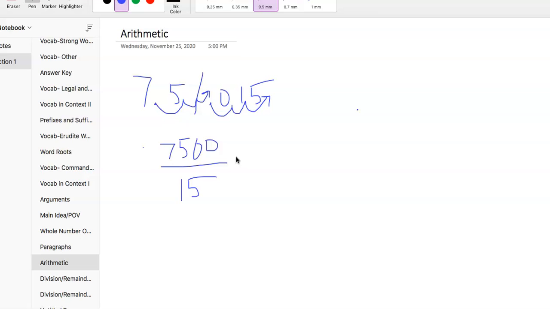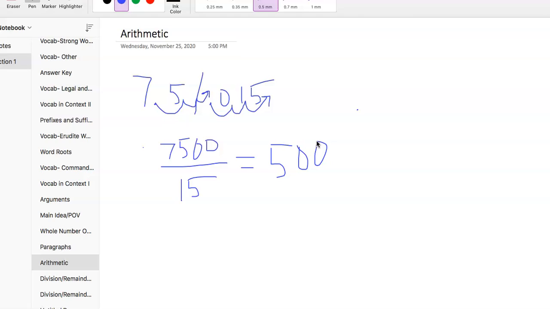Okay, so that's how you get rid of decimal points. 7.5 divided by 0.015 is the same as 7,500 divided by 15, which equals 500. Okay, so if there's confusion about that, plenty of examples in the app. Go ahead and get into the arithmetic section, and you will get plenty of chances to interact.